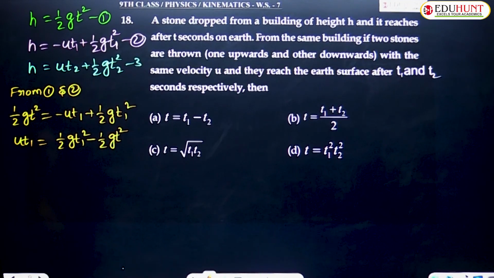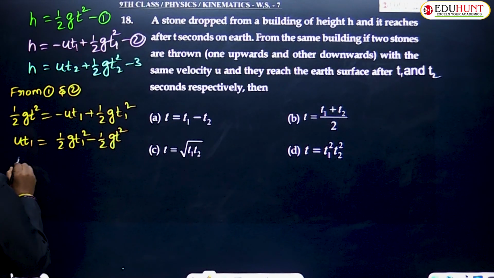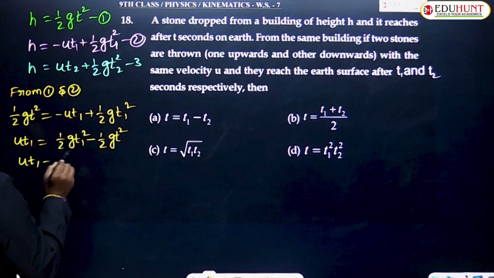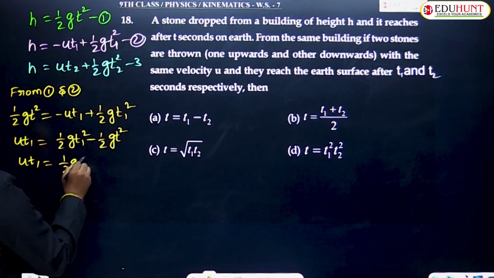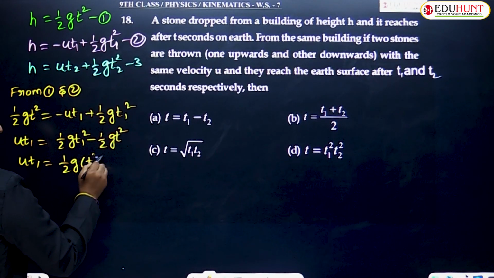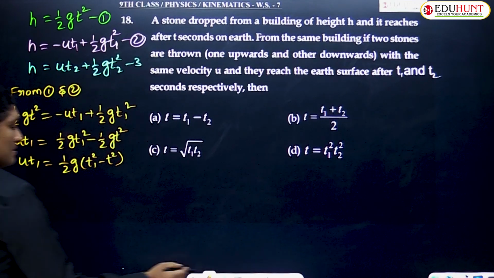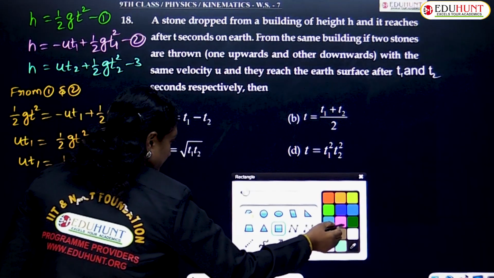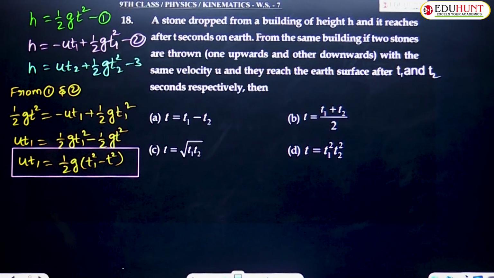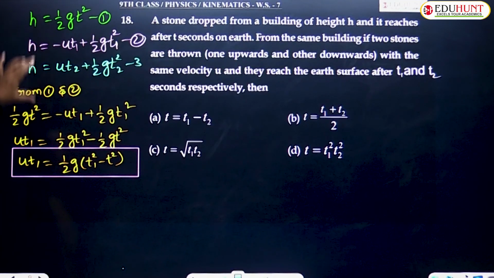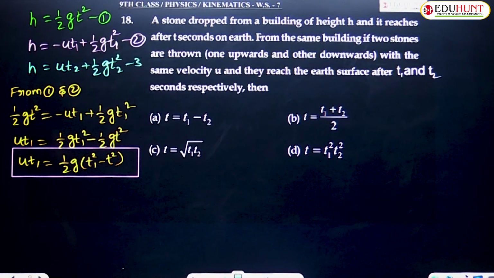Is that okay? So ut1 is equals to half g t1 square minus half g t square, or ut1 is equals to, what is common here? Half g is common. Then you are left with t1 square minus t square. So let us keep this equation aside. As we have equated 1 and 2, we got this relation.